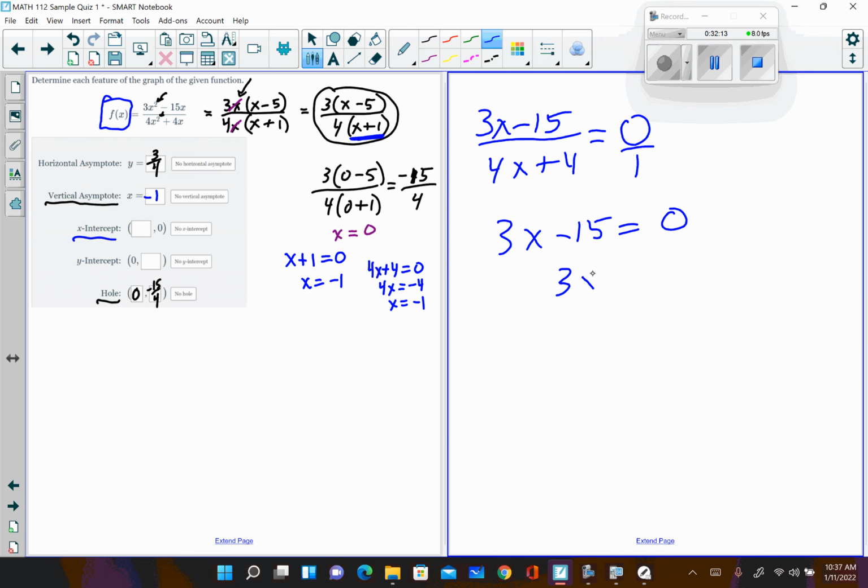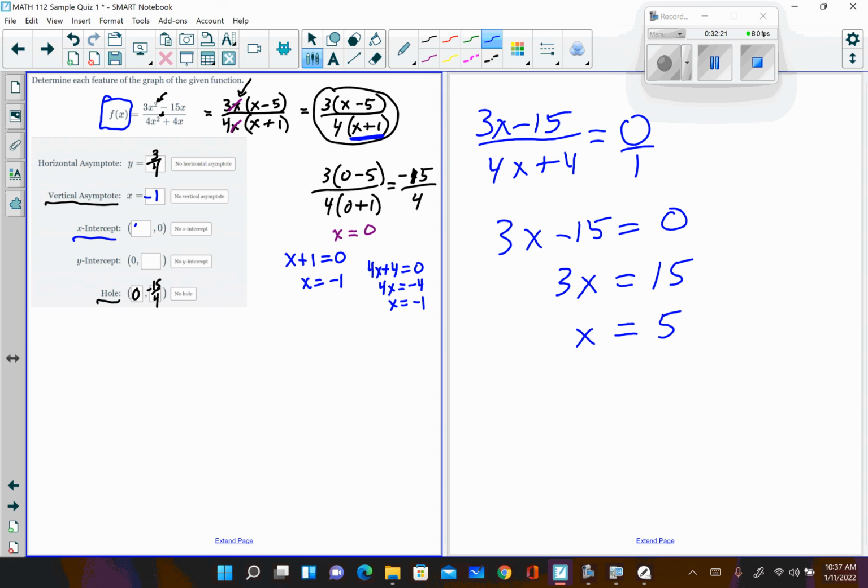Add 15 to both sides. Divide both sides by 3. X is 5 when y is 0. That's called the x-intercept. It's the point where y is 0.